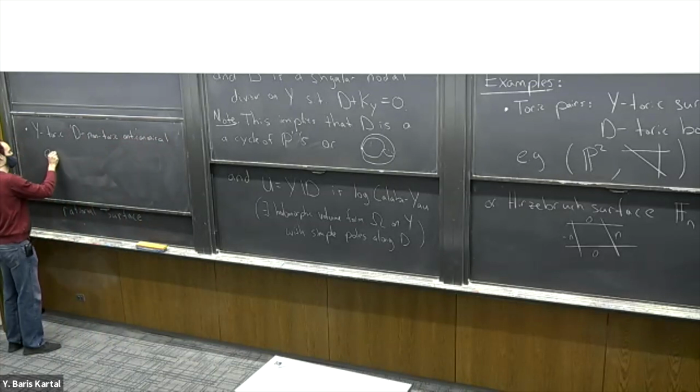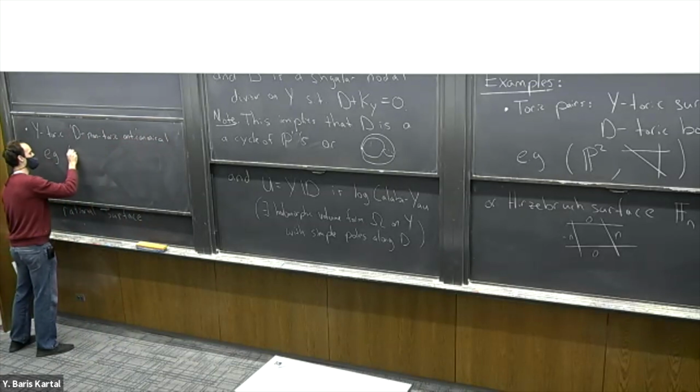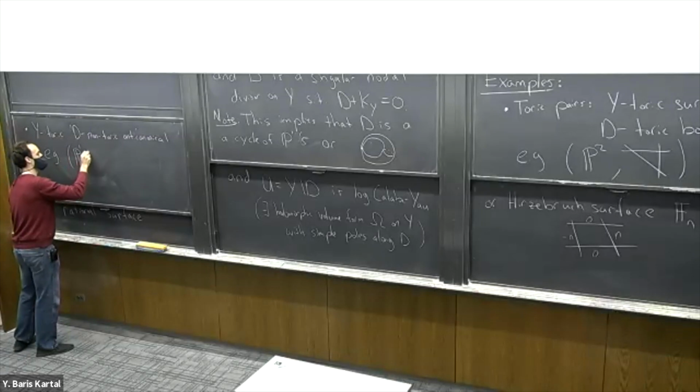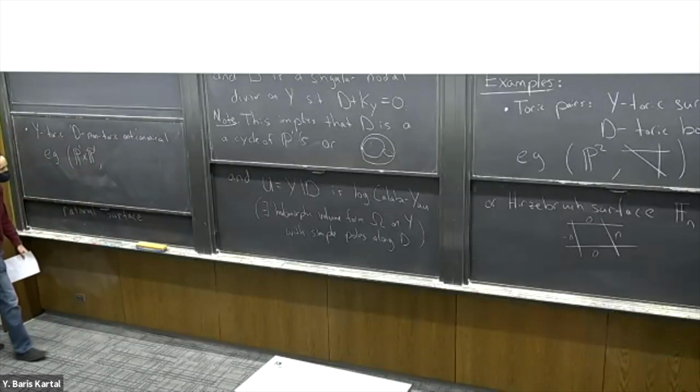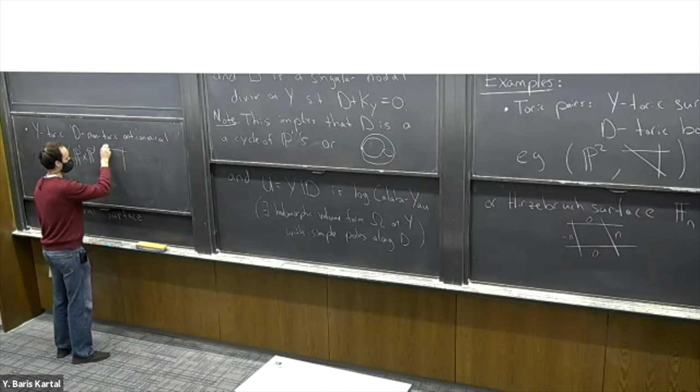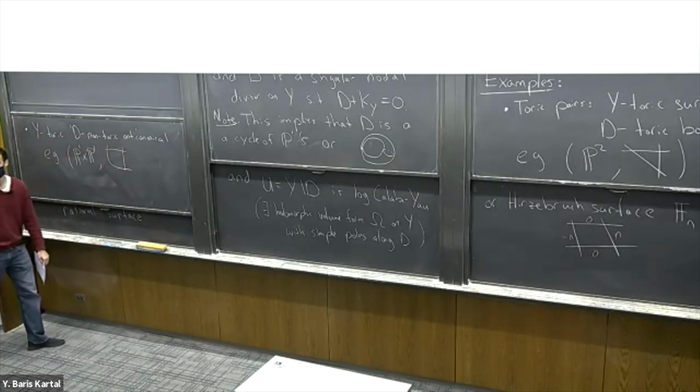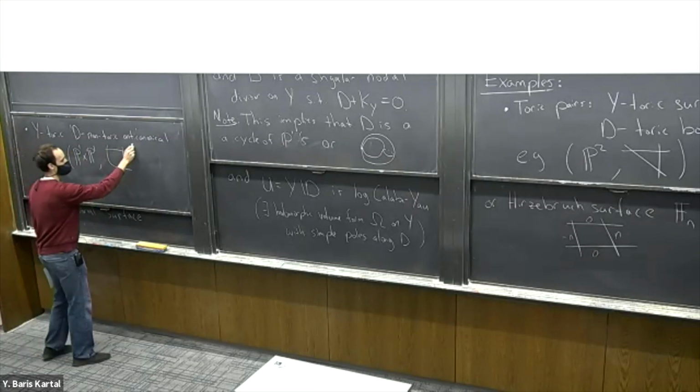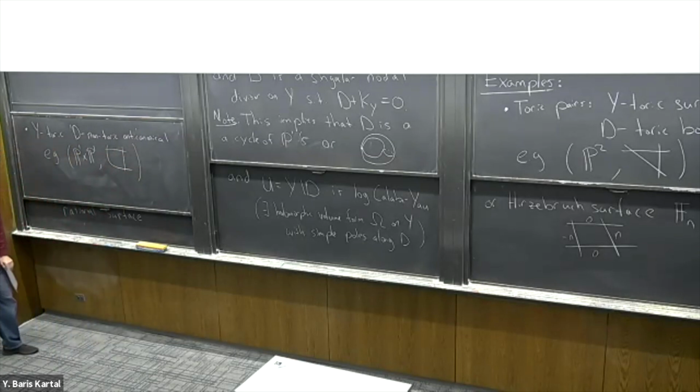For example, take P1 cross P1, and instead of taking the 4 lines at infinity, smooth one of the corners.